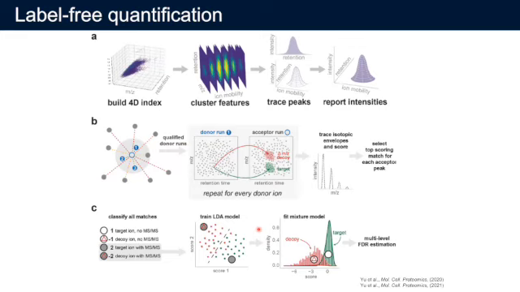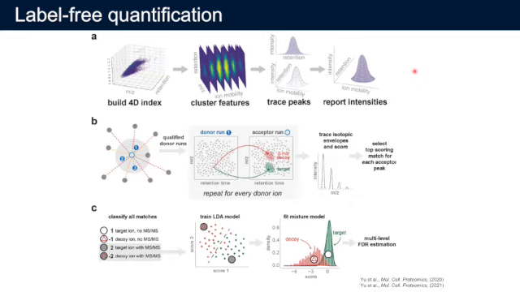Basically, with input data from Orbitrap or from DDA PASEF, it will build a 3D or 4D index for all those peaks, and then with this index, IonQuant can trace and find the features very quickly, and then report the intensity along with other information like the retention time boundaries, ion mobility boundaries, and so on.